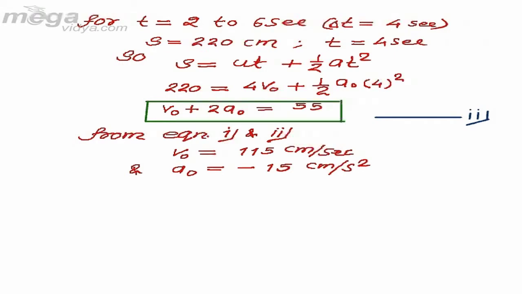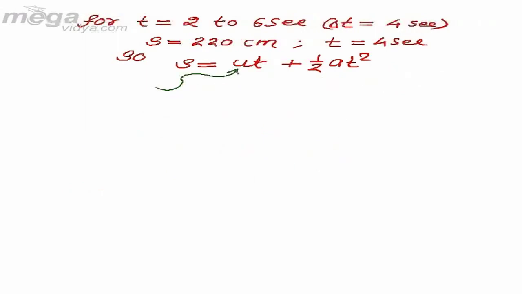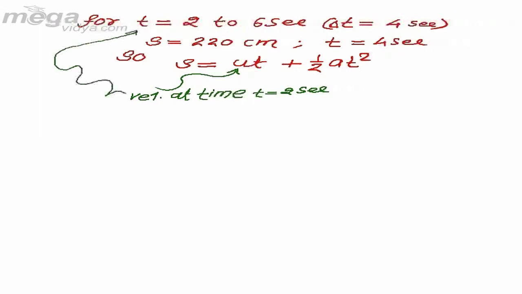Now, if we use another equation, remember here the initial velocity u is basically the velocity at time t equal to 2 seconds, because t equal to 2 seconds is our starting time for this second event.